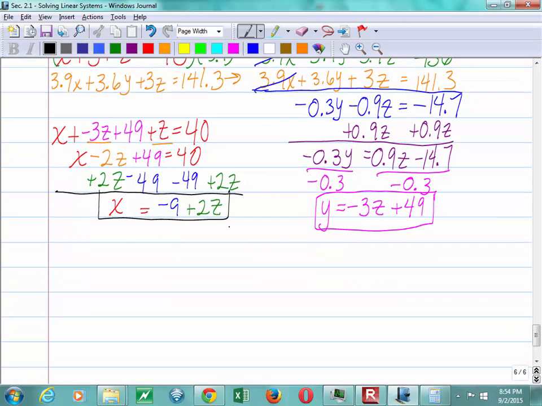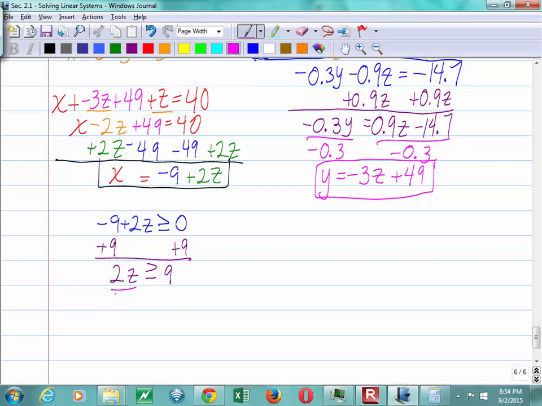Okay, so I'm going to say negative 9 plus 2z must be greater than or equal to 0. So add 9 to both sides. So 2z is greater than or equal to 9. Divide both sides by 2. So z is greater than or equal to 4.5.